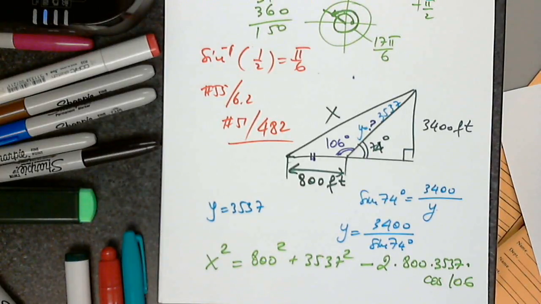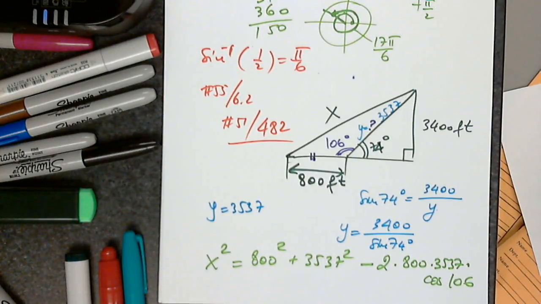So I have 800 squared plus 3537 squared minus 1600. I already multiplied 2 by 800 times 3537 times cosine 106. Close the parenthesis for cosine and for the square root, and I press enter.